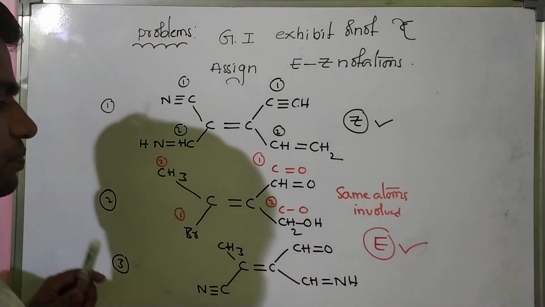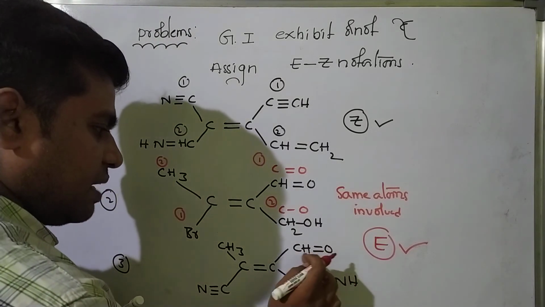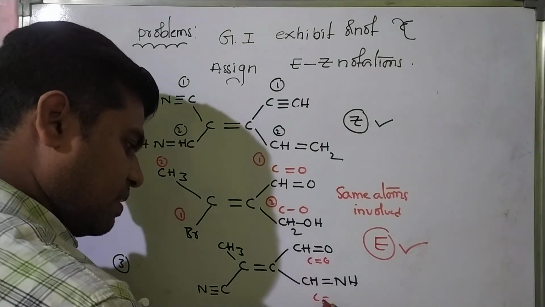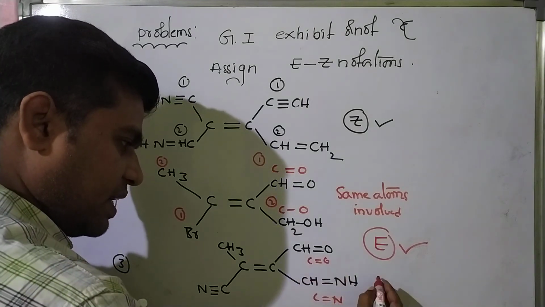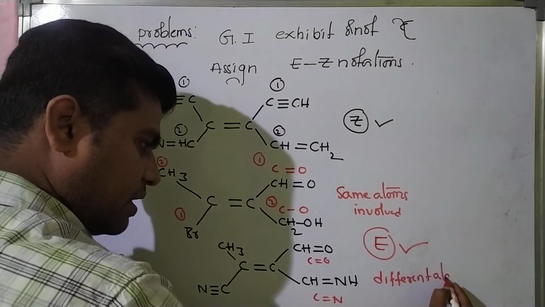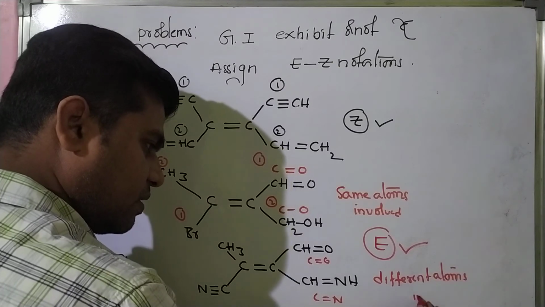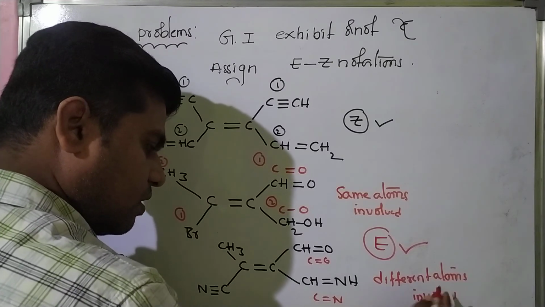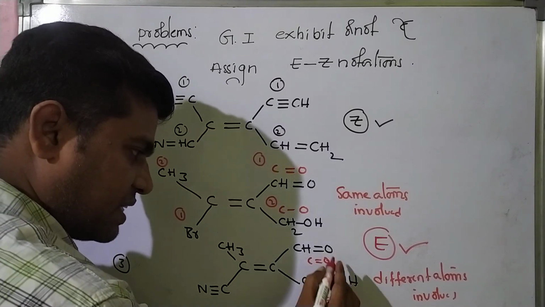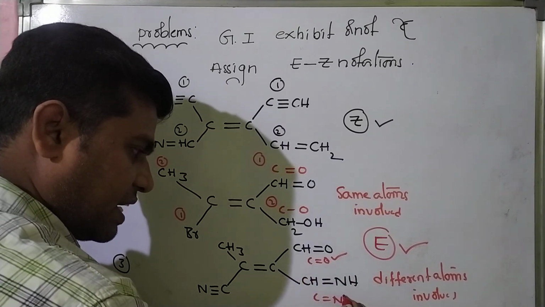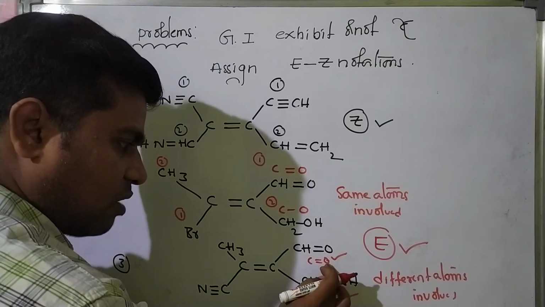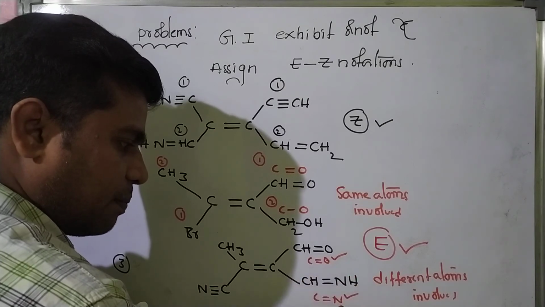Next this one. Here C double bond O, this is C double bond O, this is C double bond N. So here different atoms are involved, so we should consider the second atom. Here second atom is oxygen, here second atom is nitrogen. Apply atomic number rule: oxygen has more atomic number compared to nitrogen.